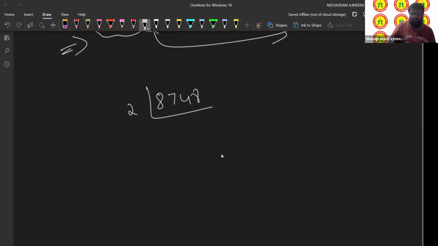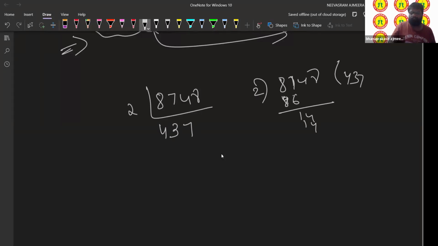So again I am taking here 8748. Dividing by 2 gives 4374, again 2 gives 2187, then 3 again and again.